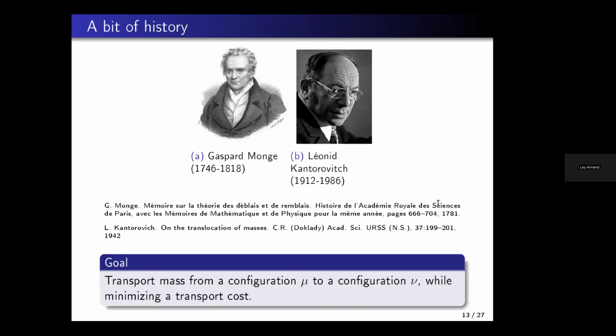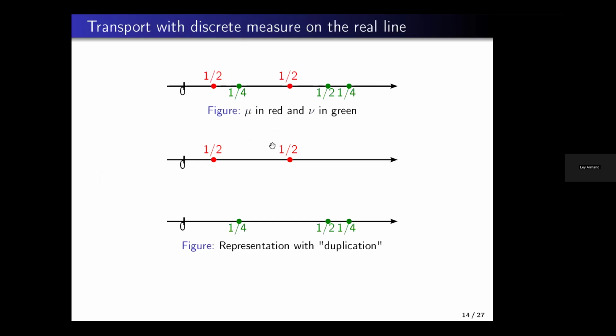You want to send it, for example, if the transport cost is the distance, really near. So, to be less abstract and vague, imagine your measure μ is given by 2 points, which both have half of the unit mass, and your measure ν is given by 3 points, here in green. The first has 1/4 of the mass, the second a half, and the third 1/4 of the mass also. There are many ways to send the mass from the red points to the green points.